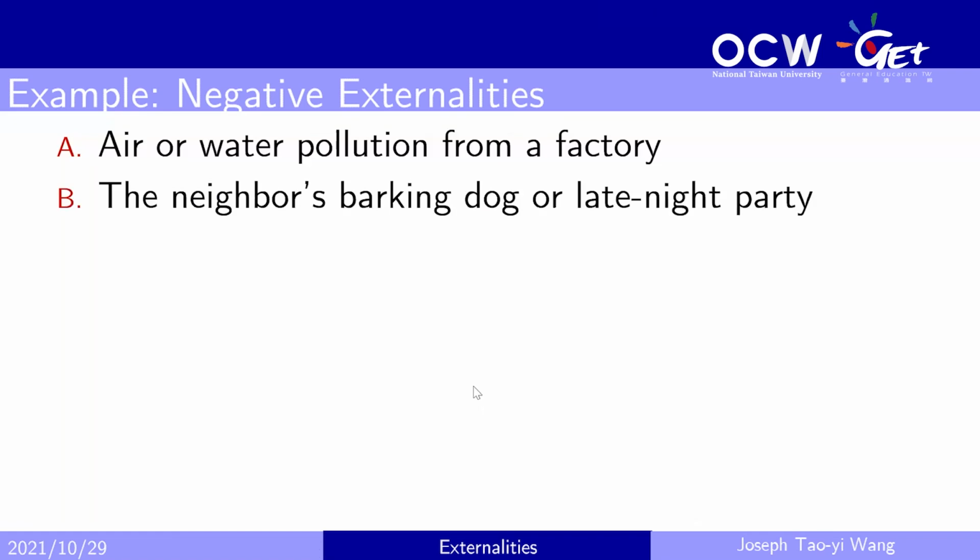That's a problem. If you live in a dorm, you might know this: the dorm next door is having a party at midnight and you want to sleep. That's a negative externality. I heard that in some crazy dorms your roommate will bring his girlfriend back to the room. That's also a negative externality to the roommates of that person.